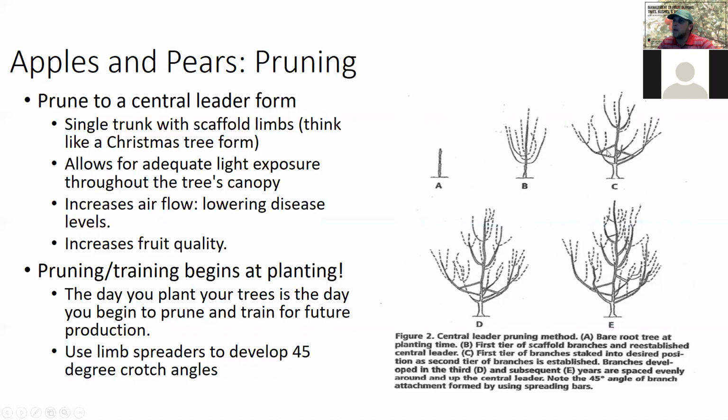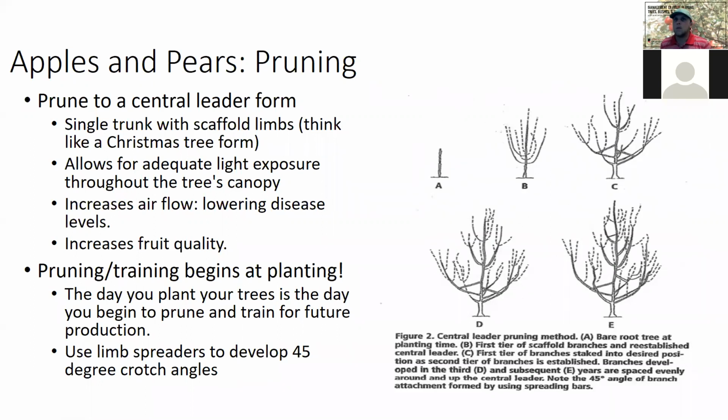Over time too, you're also going to want to try to develop good quality crotch angles, meaning try to shoot for that 45-degree crotch angle, because wider crotch angles allow for a heavier fruit load. The narrower the crotch angle is, the more tendency, once it gets weight on the end of that limb, the more tendency it has to snap.